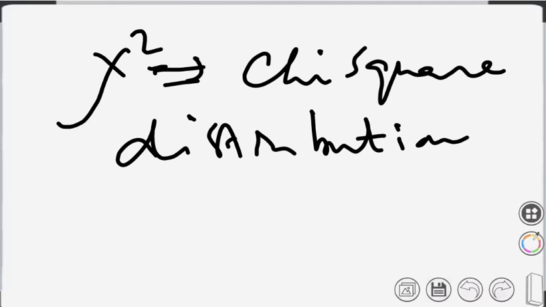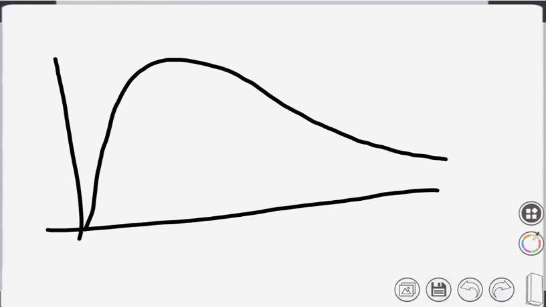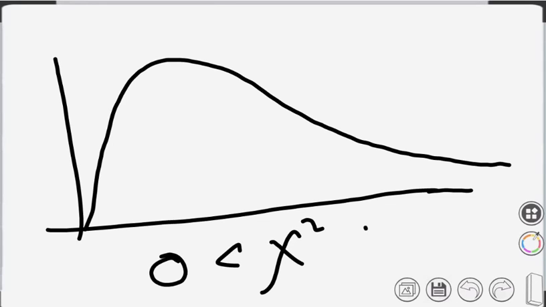So let's draw the graph of chi-square. Chi-square looks like this. Chi-square is a variable which goes from 0 to infinity. So the graph starts from 0, and initially it is steep and then it flattens. It's not symmetric.